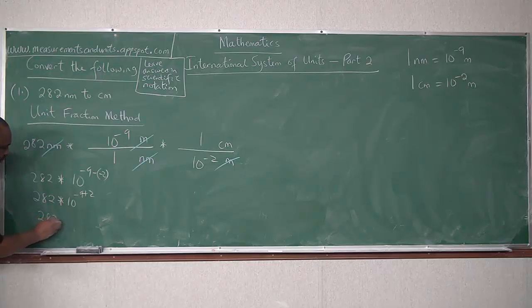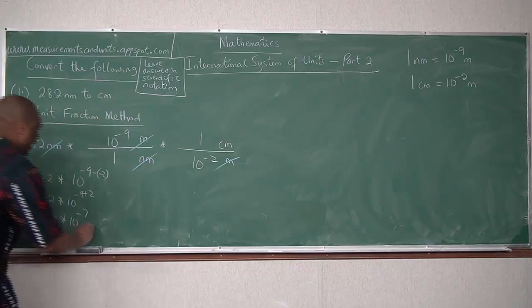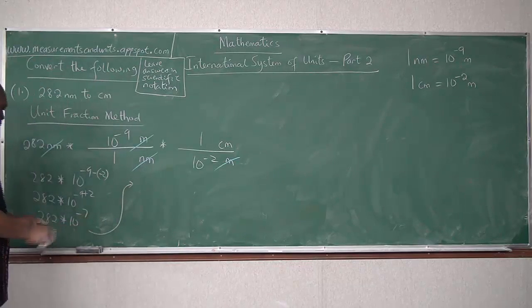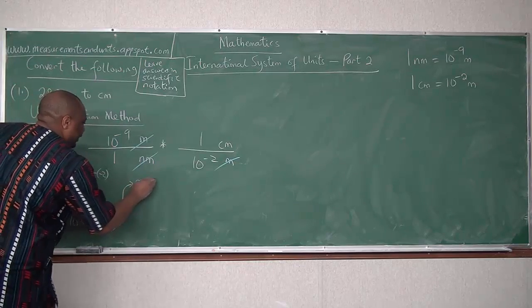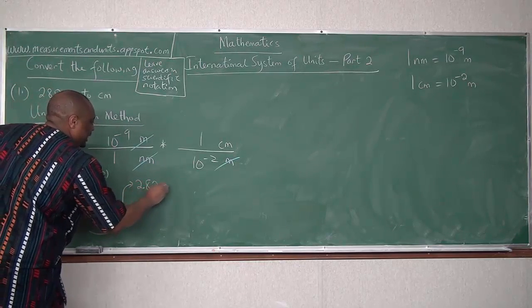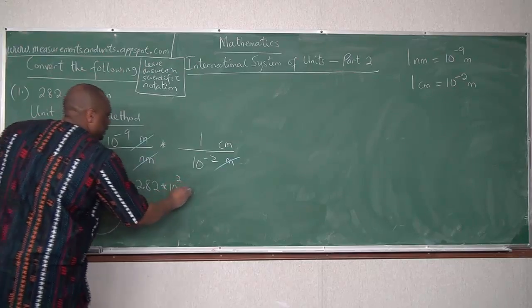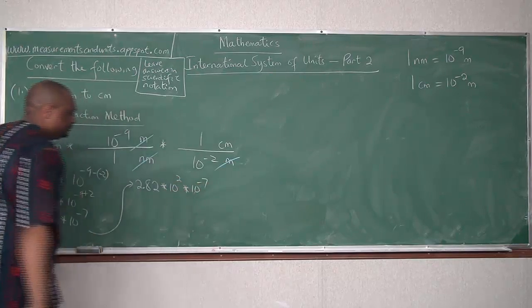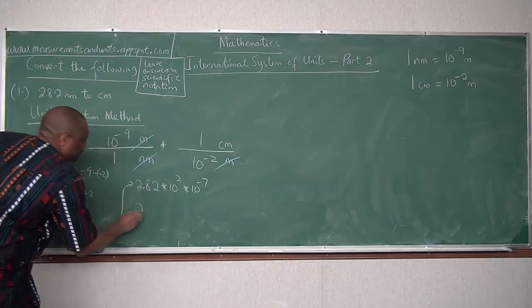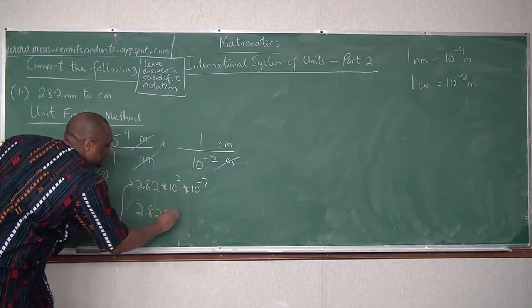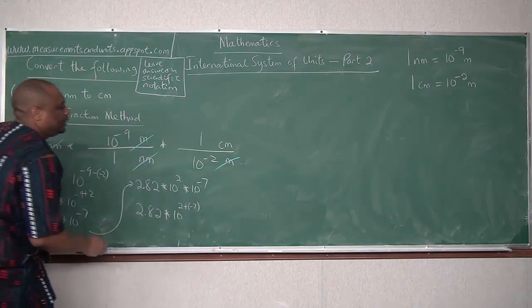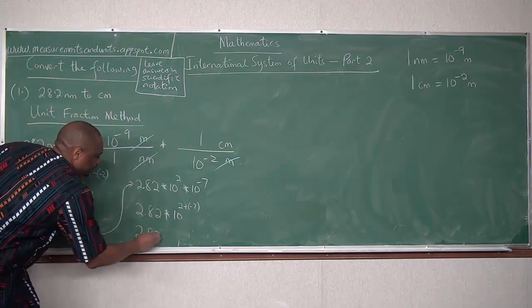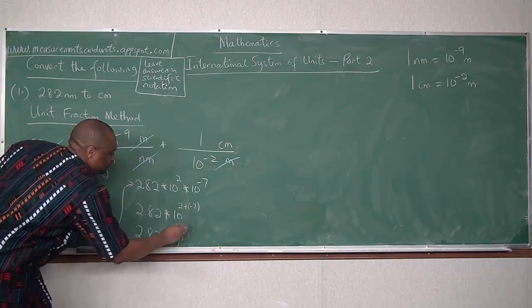This is 282 times 10 to the negative 7. We need to put it in scientific notation. So this is 2.82 times 10 to the 2 times 10 to the negative 7. So this is 2.82 times 10 to the 2 plus negative 7, which is 2.82 times 10 to the 2 minus 7.